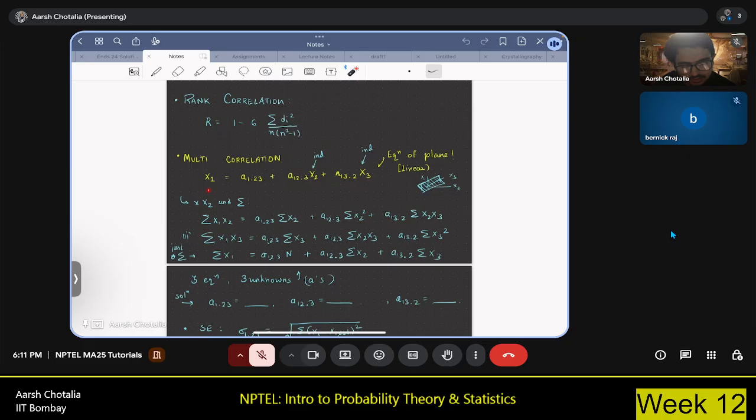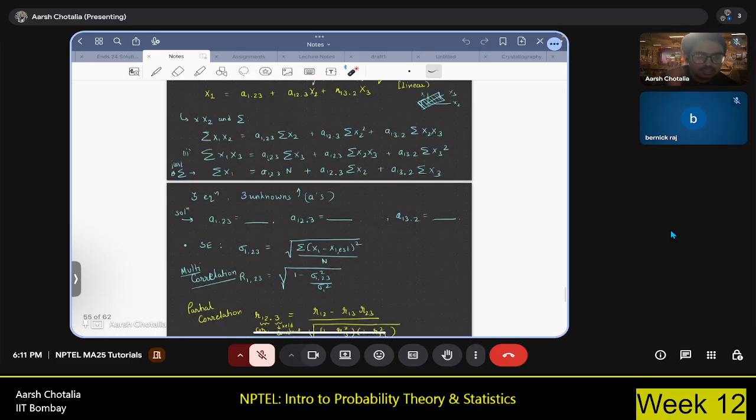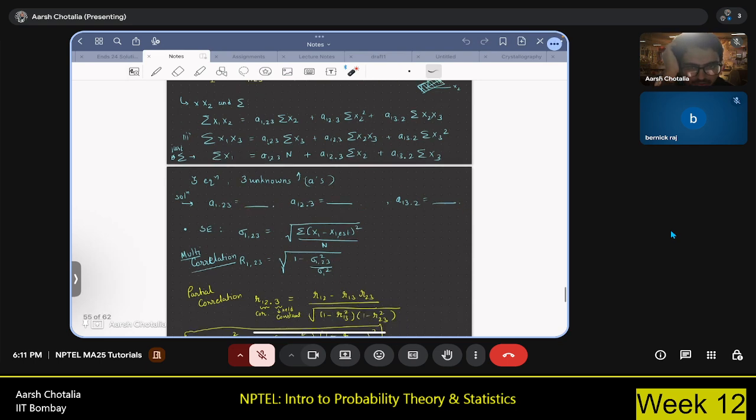Similarly, you can multiply x3 and sum it, or lastly, you can just take sum both the sides without multiplying. So now we have three equations and three unknowns, these three coefficients. So in principle, we can solve it. And yeah, so you will find some solution that would be in some sense the best fit plane for it.